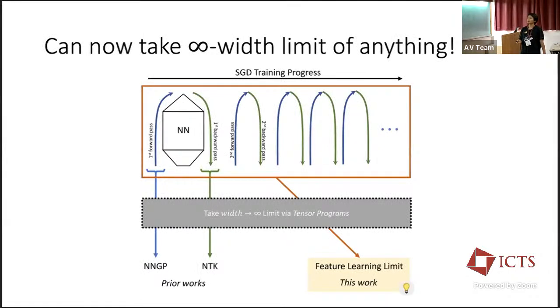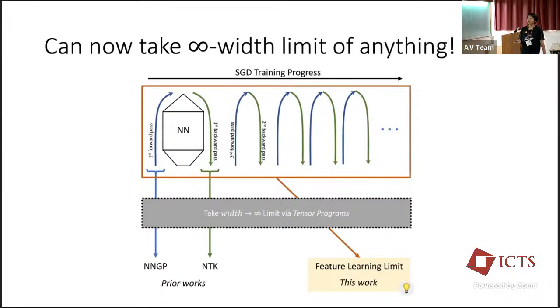For example, this is a diagram showing the unrolling of gradient descent of a neural network, where this is a forward pass, then a backward pass calculating the gradient, then the second forward, second backward, and so on. In the 1990s, Radford Neal derived the neural network Gaussian process, which is essentially just looking at the first forward pass.